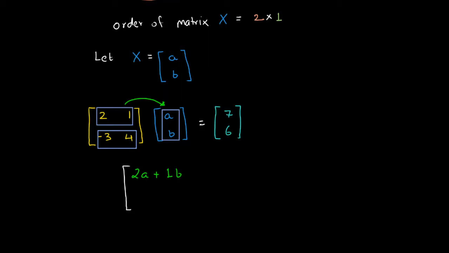For the second row, we are multiplying the second row and the column over here. So it's minus 3A plus 4 into B, so 4B. Alright, this completes our matrix multiplication on the left hand side.